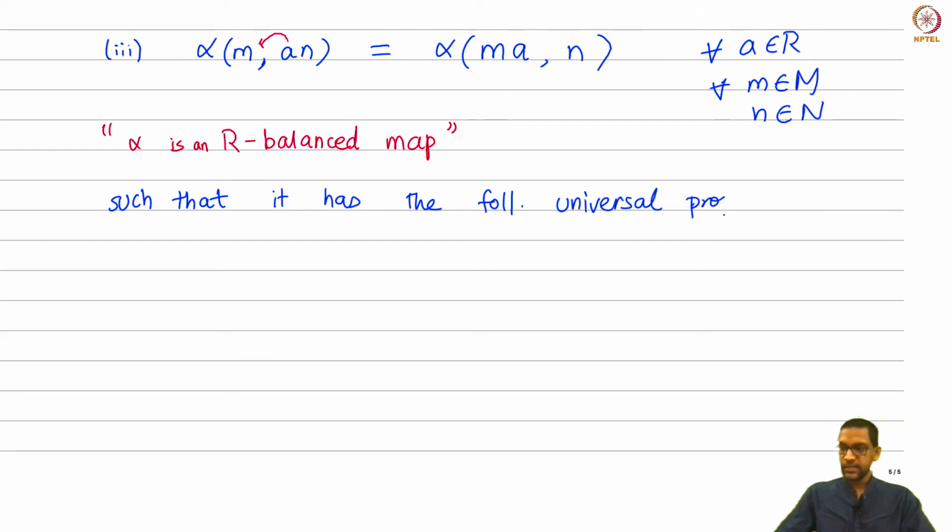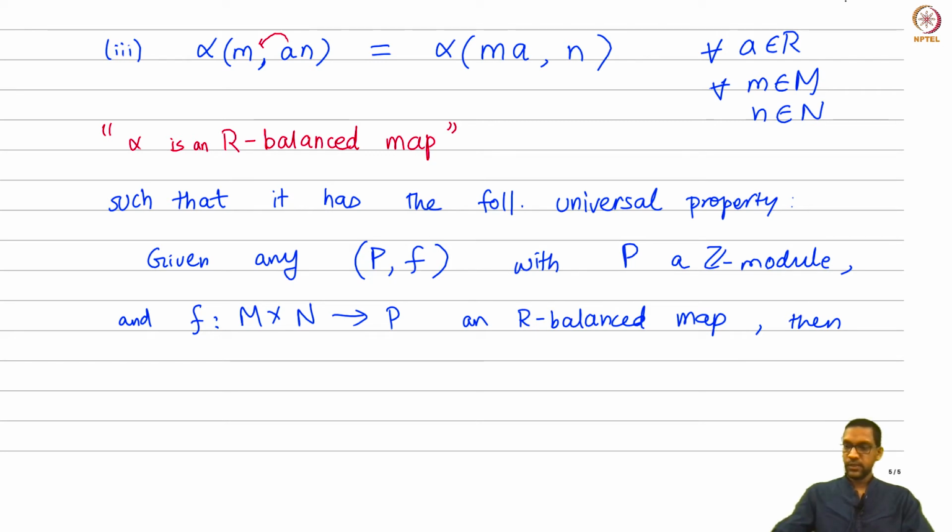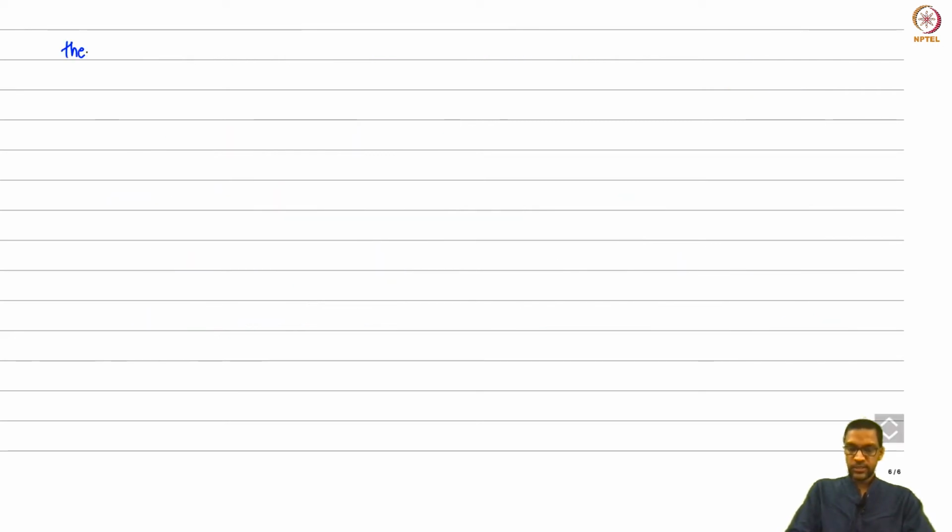It says that given any such pair P comma F, satisfying the same properties, P a Z module and F an R balanced map, then there exists a unique map.